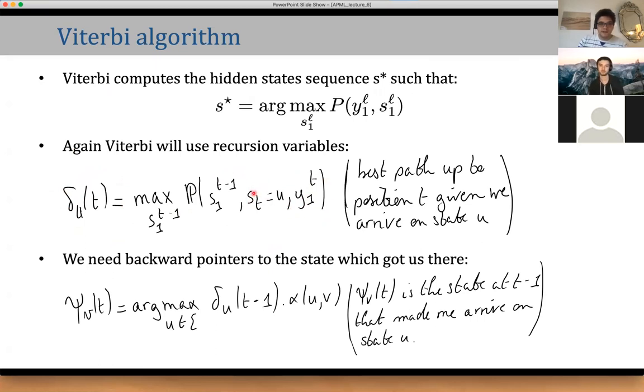This will simply be the probability of generating y_t, the observation at t, multiplied by the maximum over all the possible hidden states I have at position t minus 1, multiplied by the transition probability.